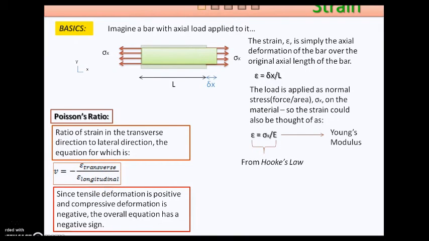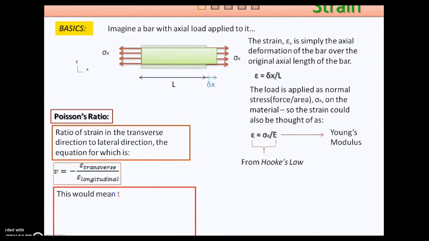Good, easy to remember, but this doesn't explain why we have a negative sign here. Well, tensile deformation is positive, whereas compressive deformation is considered to be negative. And negative overrides positive in mathematics, so we end up with a negative equation overall.